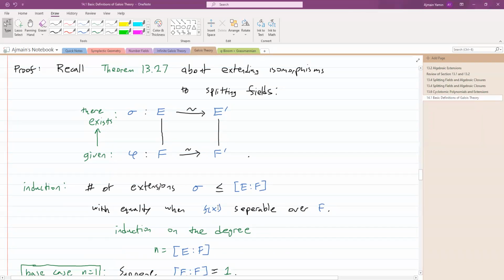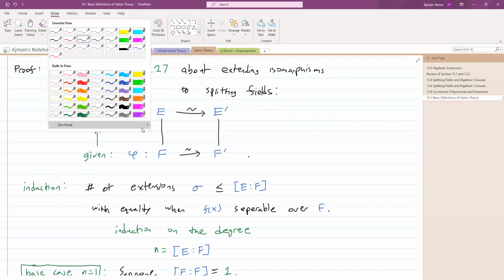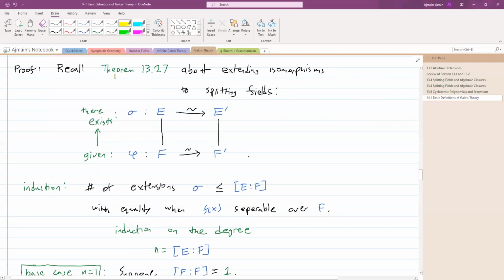Okay, so the proof. Recall theorem 13.27 from the previous chapter about extending automorphisms. This theorem is about extending isomorphisms to splitting fields.